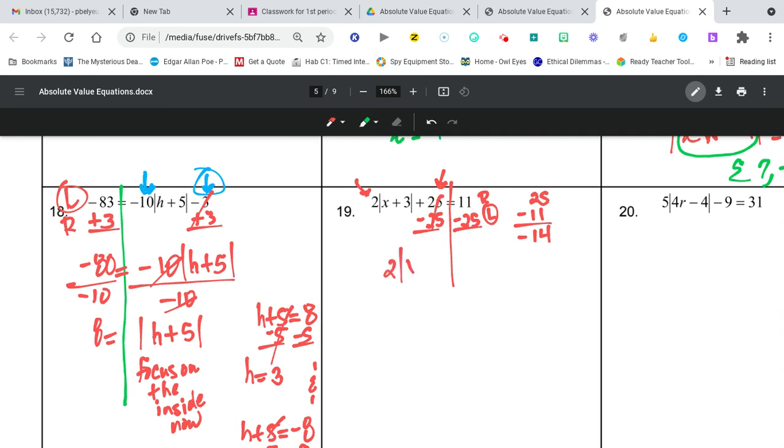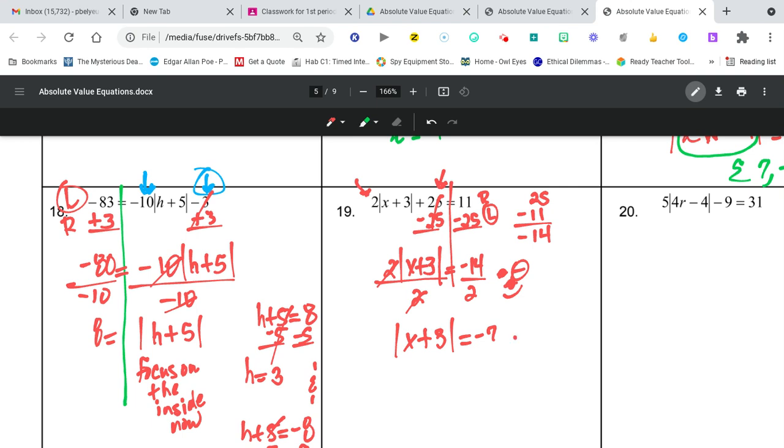I'm going to bring down what's left over on the left side: 2 times the absolute value of x plus 3 equals negative 14. I'm going to divide both sides by 2. And some of you may notice something. You have to really watch for these, okay? Because here you have a negative divided by positive is a negative.